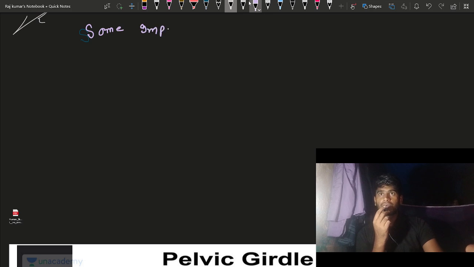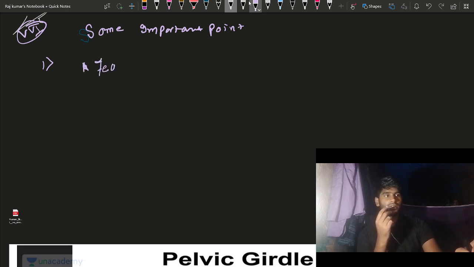Some important points. So this is very important. First point is the fetus. The fetus, this child, has 306 bones. And second is the newborn baby.